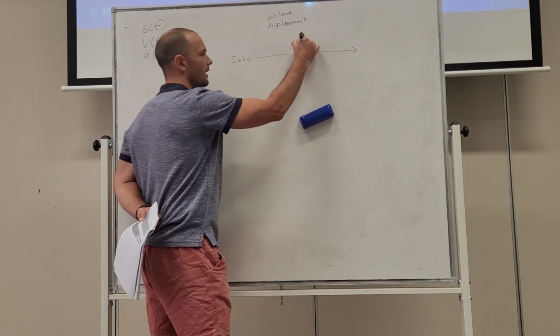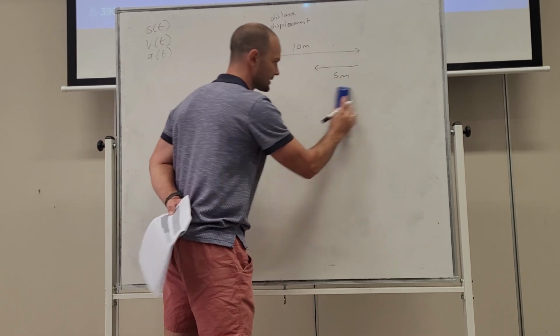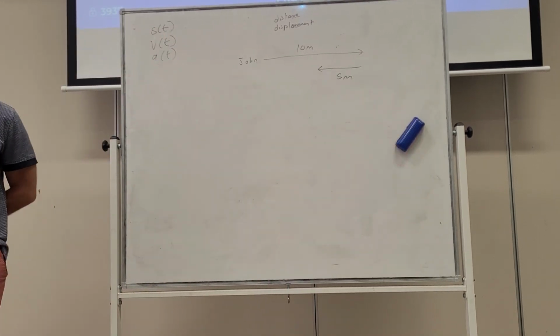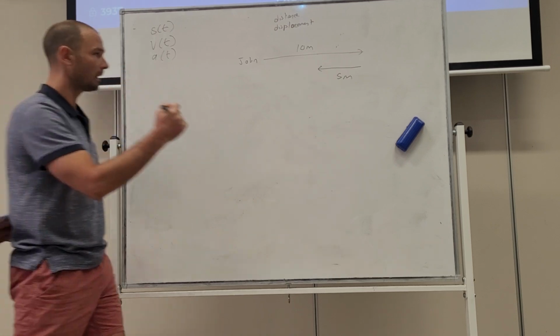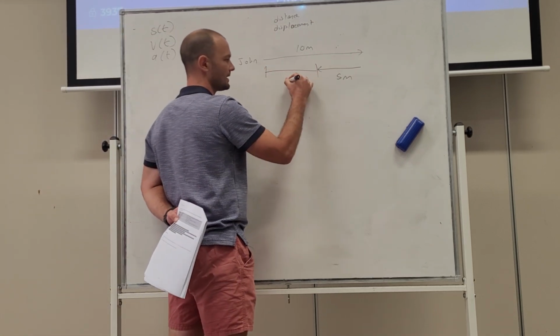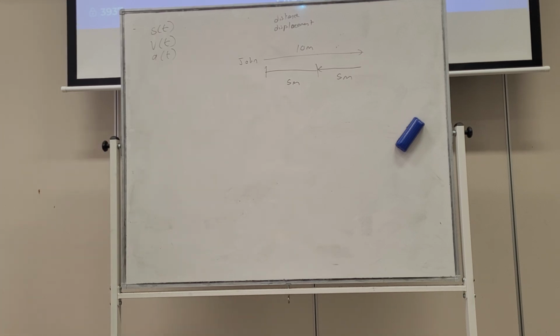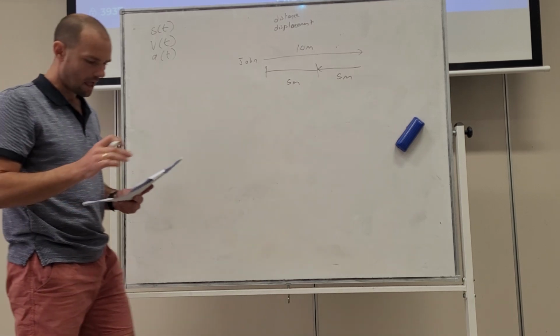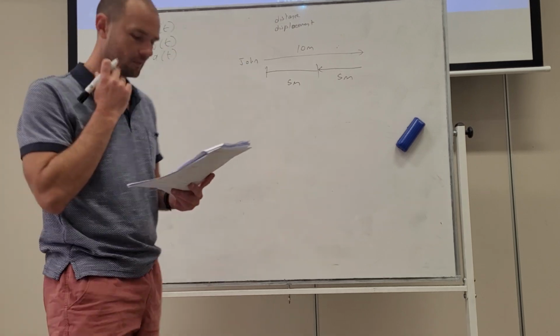We're recapping displacement, and then 5 meters back to the west. The total distance he has traveled is 15 meters, but his displacement is 5 meters. Displacement is distance from the point of origin. That's an important concept for us. There's a couple of dot points listed there that are important to comprehend. They'll pop up in the questions.